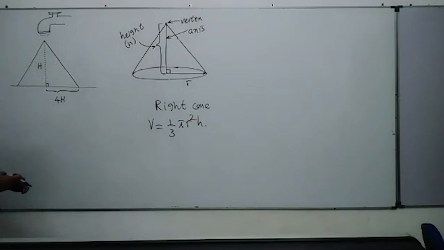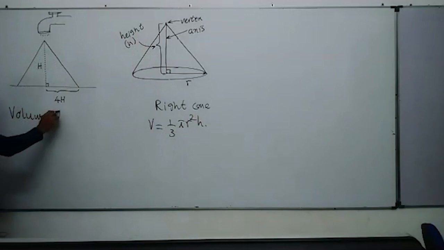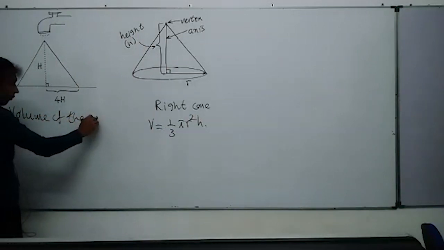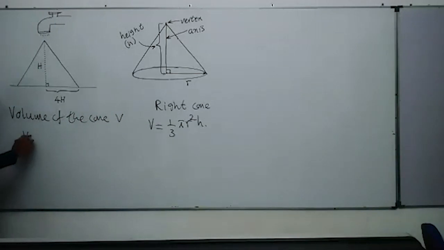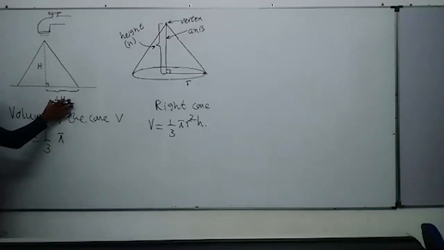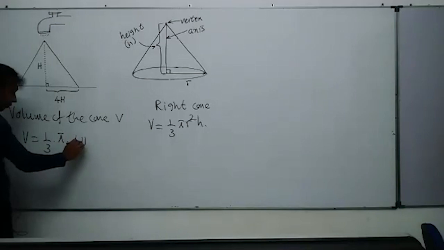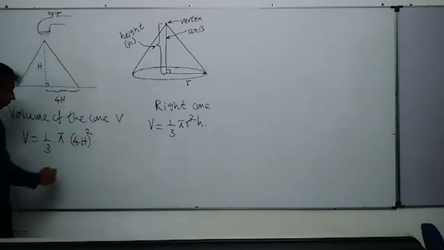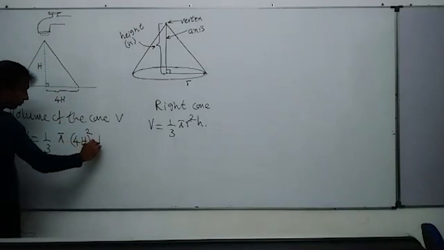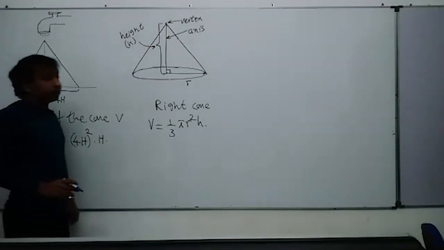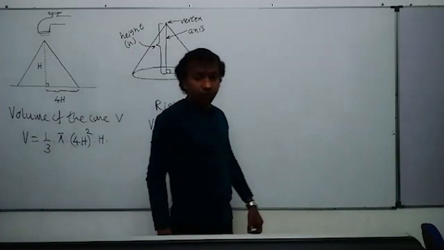Now you can write the volume of this cone like this: V equals 1/3 pi (4h) squared into h. This is the volume of the cone.